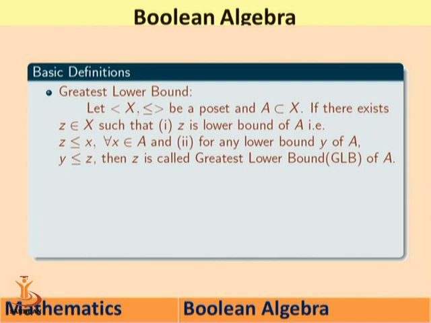Again, here less than or equal to is not the usual less than or equal to. It is a related one, right? So this definition says that any element can be a lower bound of a subset of any set.